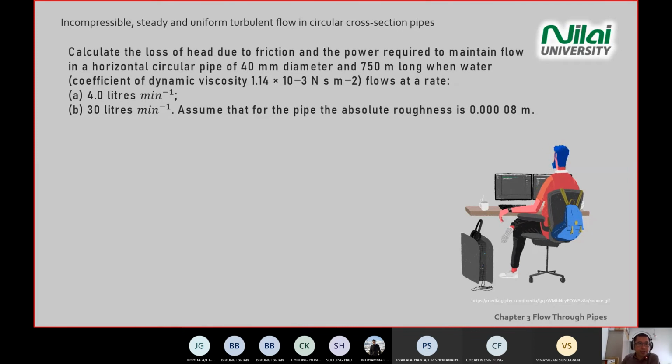Then you have a circular pipe with dynamic viscosity, so and so, and you have a flow rate of this one. Let me check this one. Oh, this one is question 25 in your tutorial.